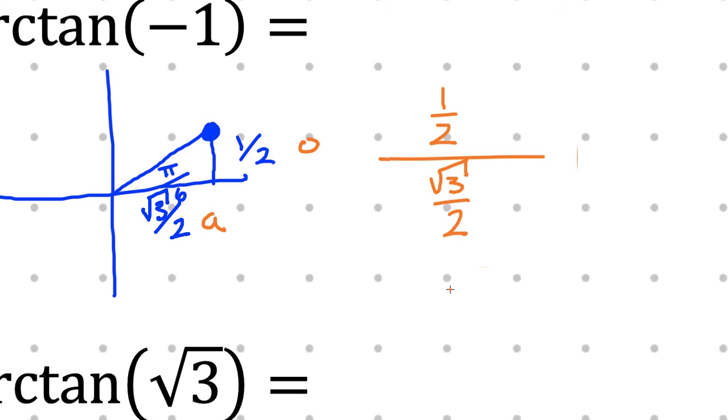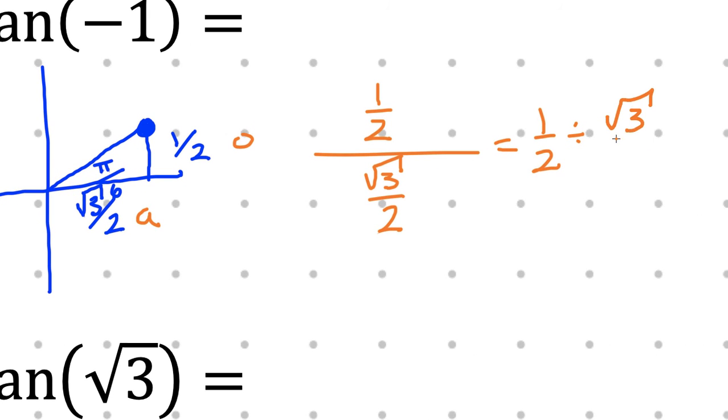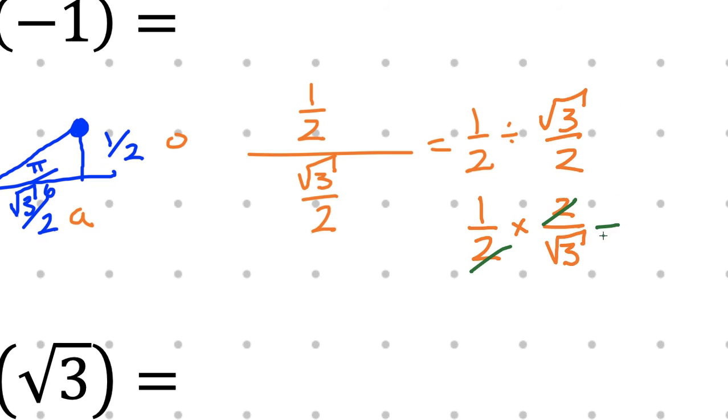And it's clearly not going to be 1 or -1. This is going to be equal to, keep it, change it, flip it, square root of 3 over 2. Keep it, change it, flip it, and the 2's cross cancel, and this is equal to 1 over square root of 3.